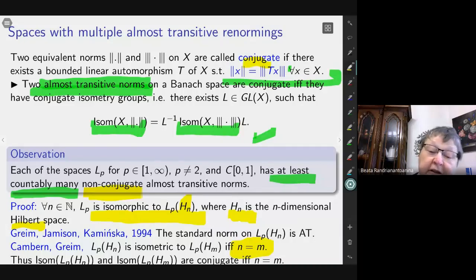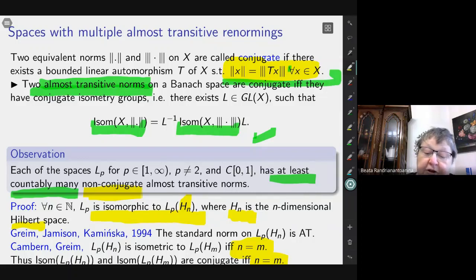And since we are requiring this condition for the norms to be conjugate, this will happen only if n equals m by the result of Camburn and Graham. So we have, kind of for free, countably many non-conjugate almost transitive norms on LP, in our first example.